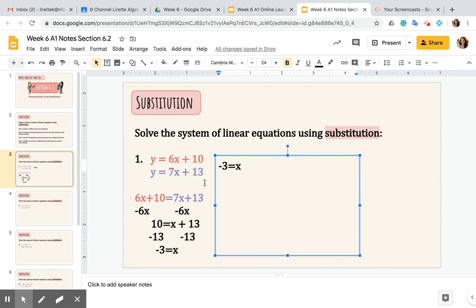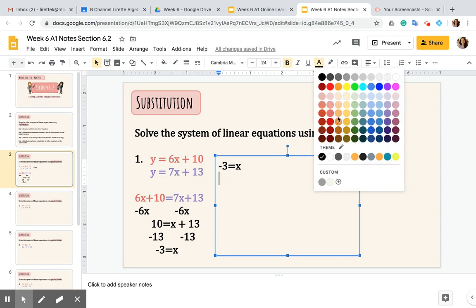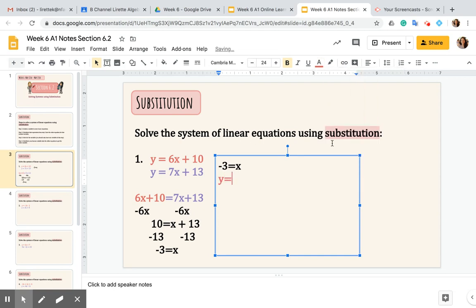And it doesn't matter which one you choose, okay? So I could take y equals 6x plus 10. And then in my next step, just replace the x with the value I know it's equal to. Okay, so now I can actually solve this equation for my y.